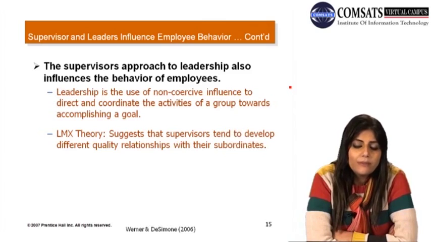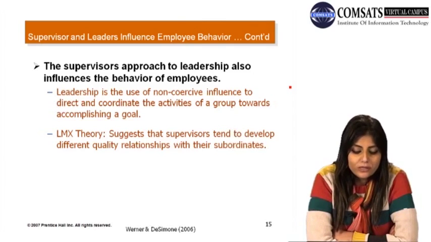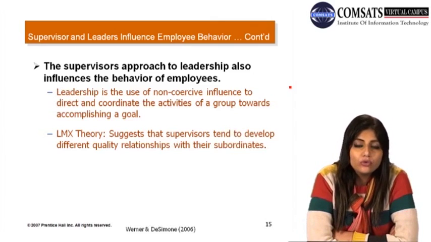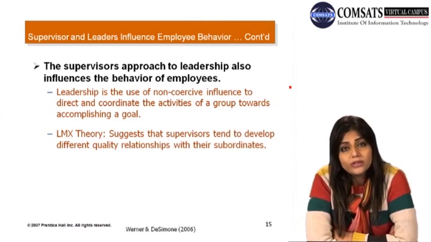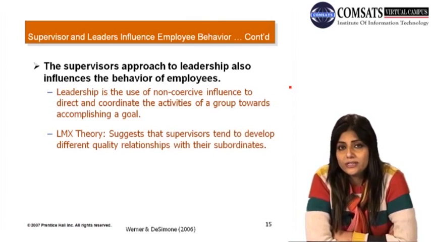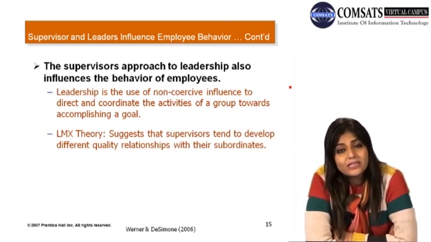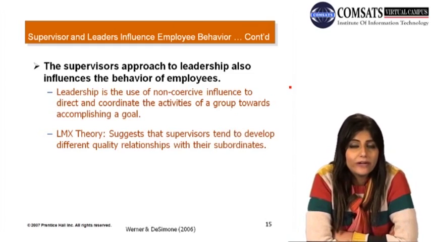Then we have the leader-member exchange theory, which suggests that supervisors tend to develop different quality relationships with their subordinates. Some supervisors develop good quality relationships with some subordinates, and not so good quality relationships with other subordinates. We categorize them as in-groupers, the subordinates with whom the supervisors form good quality relations, and out-groupers, with whom the relationships are not that good.